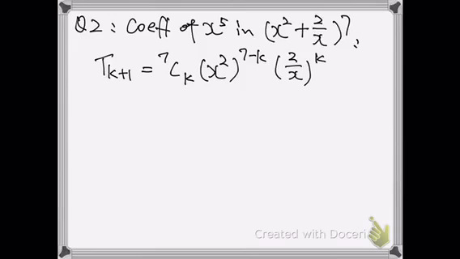Okay, so we're going to write it out in terms of x. So that's going to be 7Ck x^(14 − 2k) times 2^k times x^(−k).